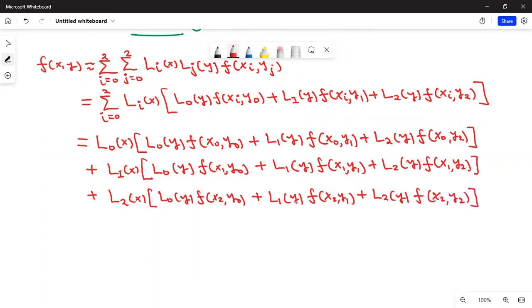So that's the form of our polynomial when we open up the summation.